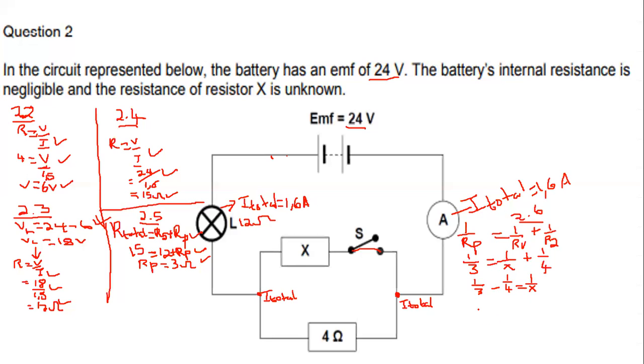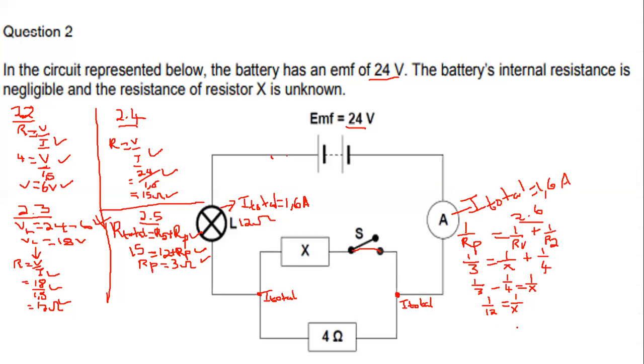Mathematically, that would then give me 1 over 12. And that will be equal to 1 over X altogether.